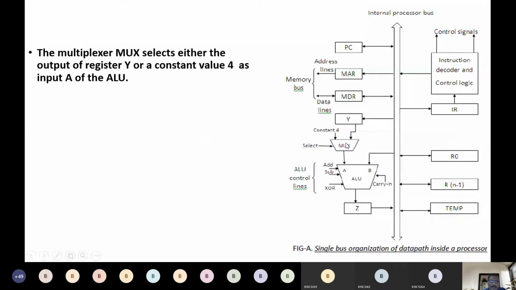We also saw this multiplexer, which we call MUX. It selects either the output of register Y or the constant 4. Of these 2 inputs it selects any one, and it gives one output. It can select the data from Y and give it as A, or it can give the constant 4 as A.